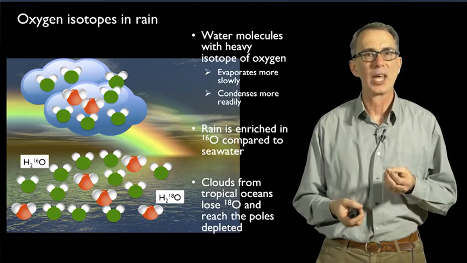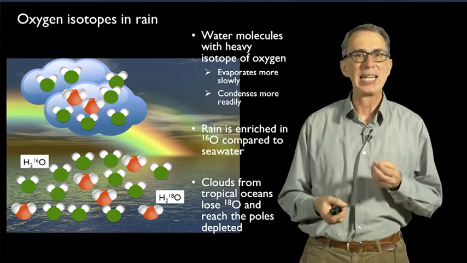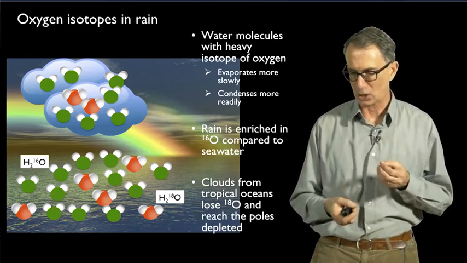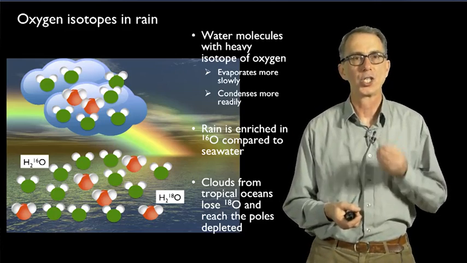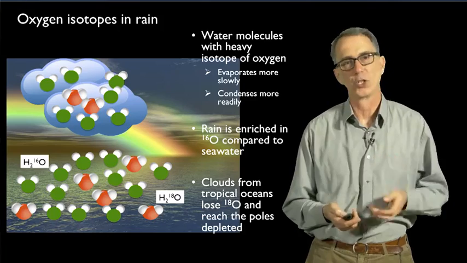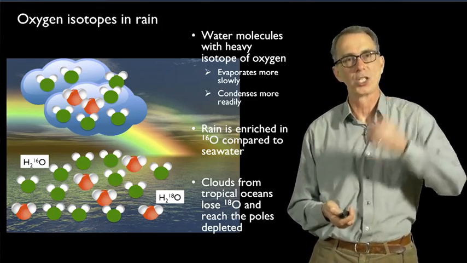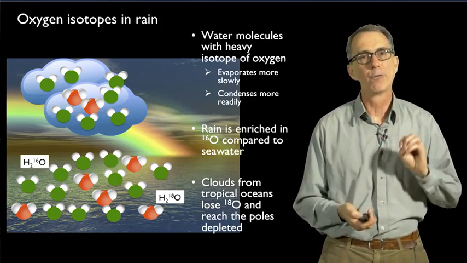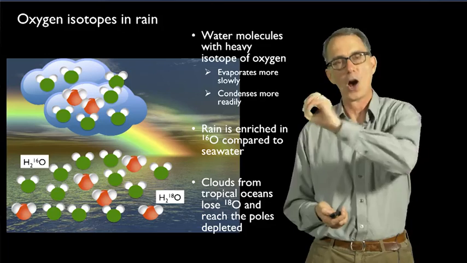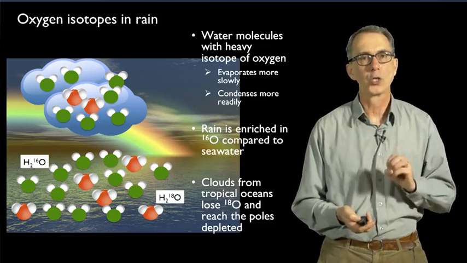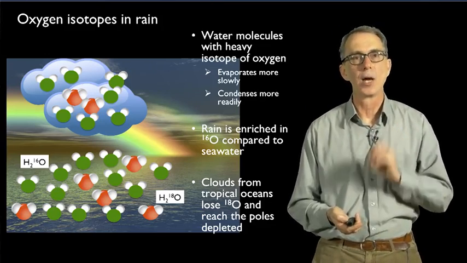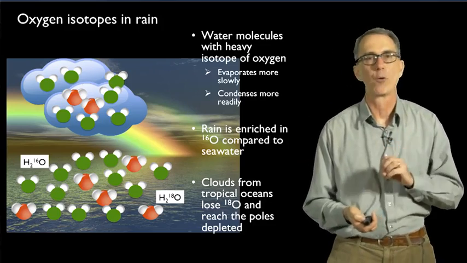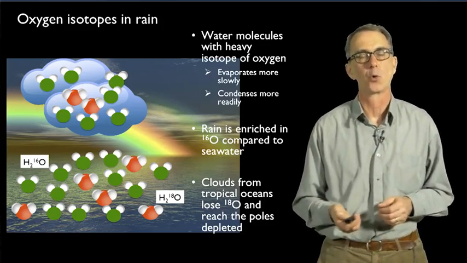So that means that rain is enhanced in oxygen-16 compared to oxygen-18 because the oxygen-16 has evaporated, and then as the rain or the clouds move from the tropics to higher latitudes, the oxygen-18 in the water will have preferentially fallen out because it condenses more quickly.